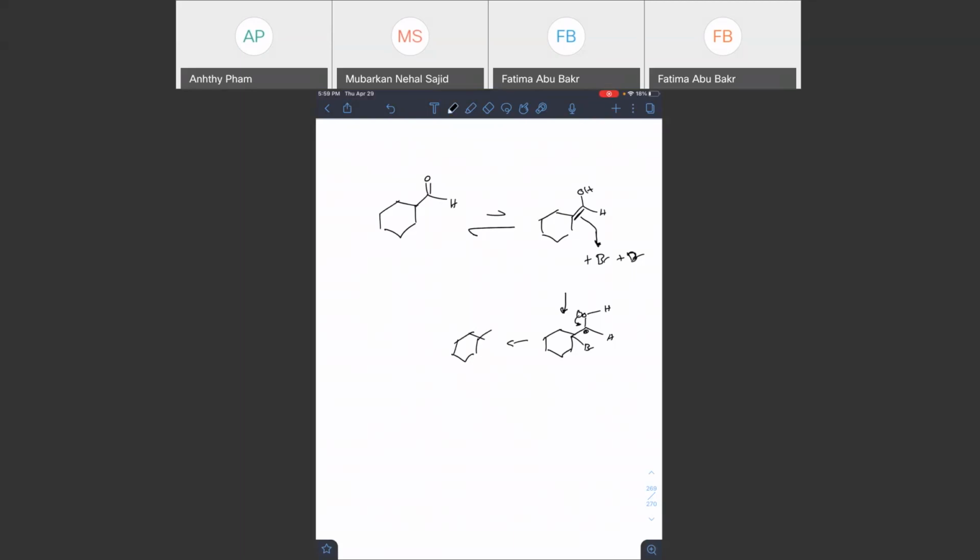So that creates a double bond here. But the O still has an H attached to it, so we just need to specify how that H gets taken away. It'll get taken away by a second Br. The second Br will come take that hydrogen, and then one pair will be allowed to go onto itself.